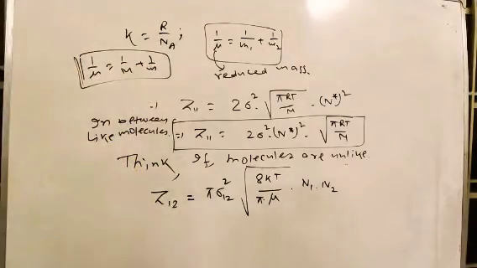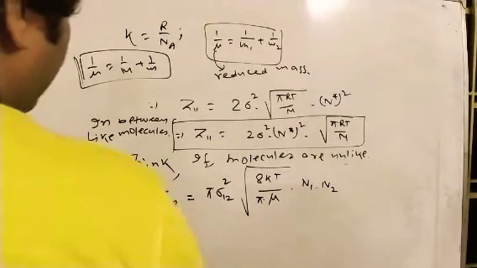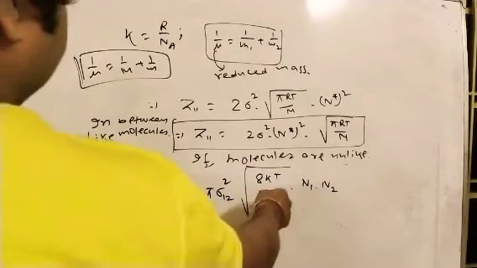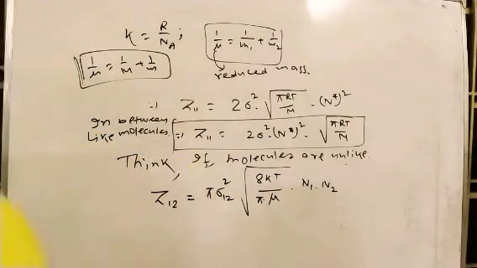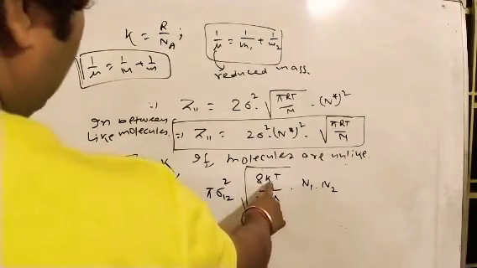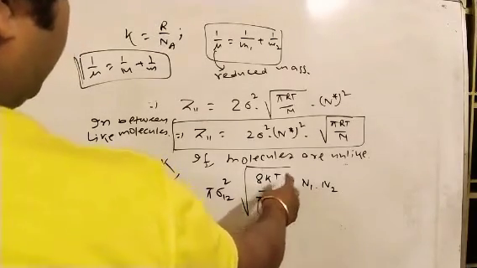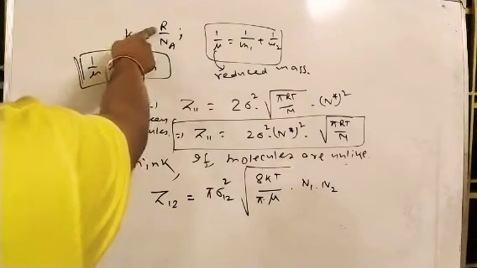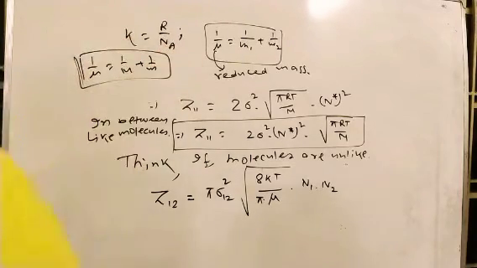Okay, so we are not going to discuss it over here, but this formula will be Z12 is equal to pi sigma square 12 root over 8kT by pi into mu. Okay, so R is not applicable here, because we are not considering R by Na. When will k be equal to R? When Na will be equal to 1.